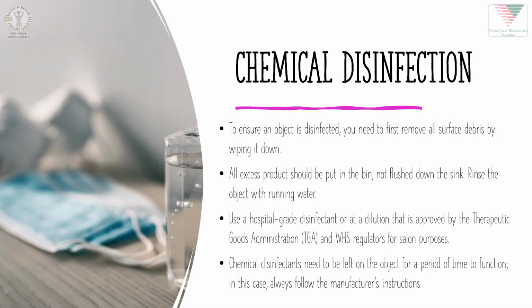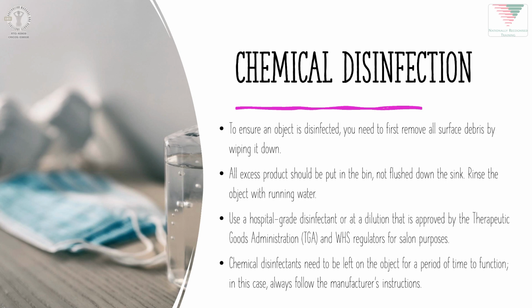Chemical disinfection. To ensure an object is disinfected, you need to first remove all surface debris by wiping it down. All excess product should be put in the bin, not flushed down the sink. Rinse the object with running water. Use a hospital-grade disinfectant, or at a dilution, that is approved by the Therapeutic Goods Administration, TGA, and WHS regulators for salon purposes.